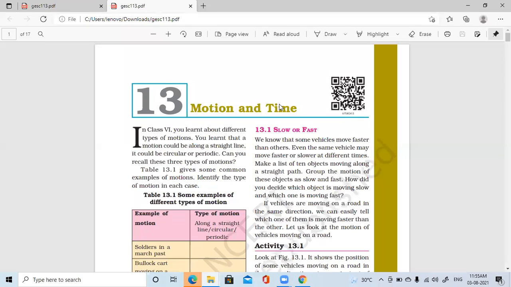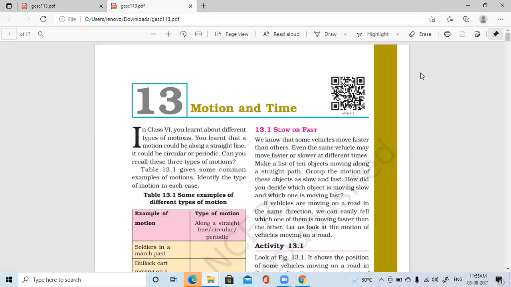So for motion and time, you all have heard the word motion. Motion means simply we can say movement. With the help of motion, we can identify whether the object is moving fast or slow.